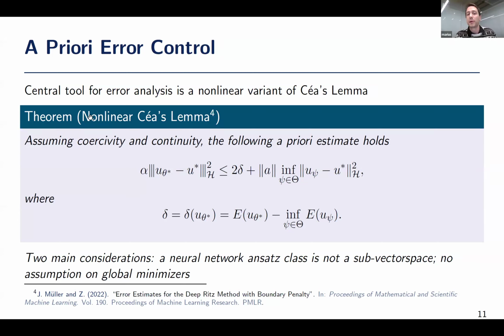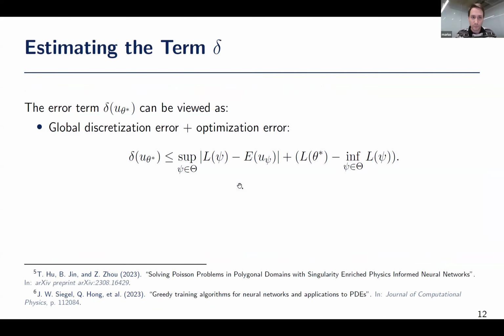And the other thing is about the proof. You cannot prove this using the tools of Galerkin orthogonality, because for this u theta star you do not know that it solves any optimization problem. So there will be no optimality condition. That being said, I'll proceed first with an explanation of this delta and how to further estimate it.